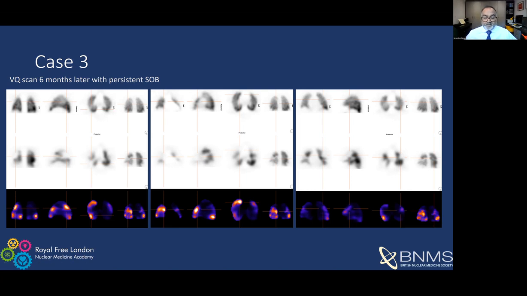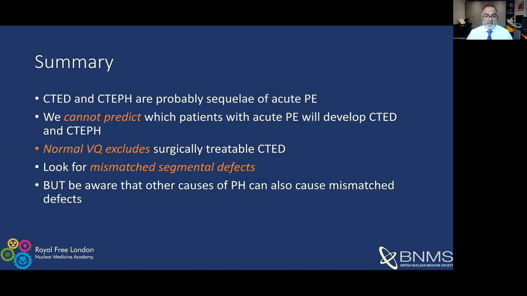So this is a patient who was perhaps initially diagnosed as acute pulmonary embolism, but perhaps they actually had chronic thromboembolic disease at initial presentation. After 6 months of treatment, there hasn't really been a good improvement or resolution of those perfusion defects, and this patient will now need to be treated for chronic thromboembolic disease. And if they have pulmonary hypertension, then that would be CTEPH.